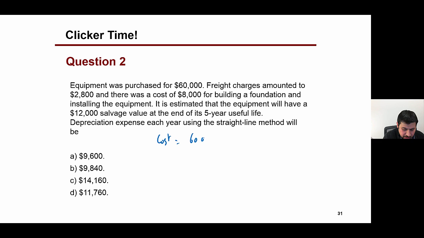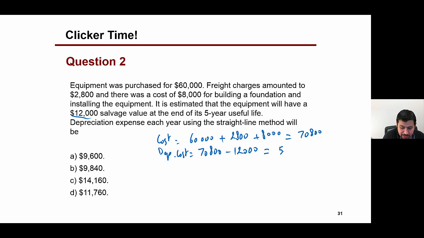is equal to 60,000 plus 2,800 plus 8,000. That would be 70,800. Now, depreciable cost is equal to cost minus salvage value, which is 12,000 here, and that would be equal to 58,800.